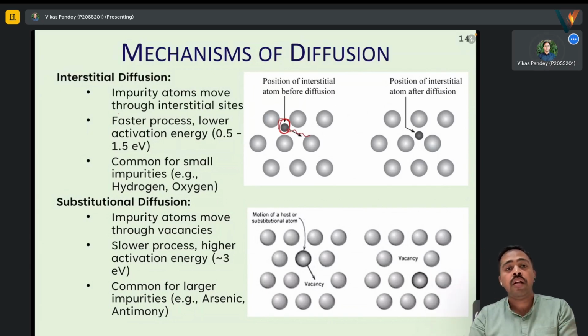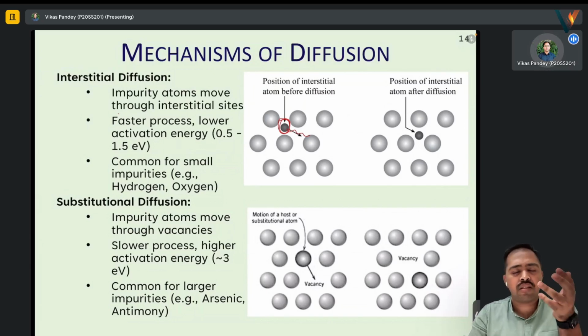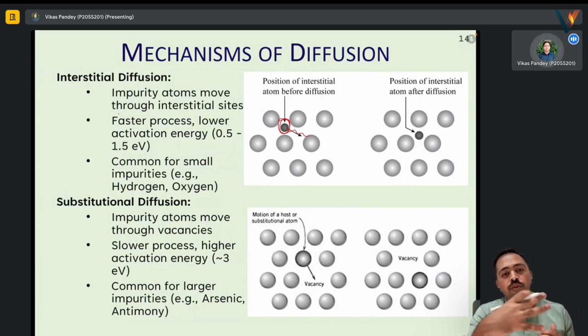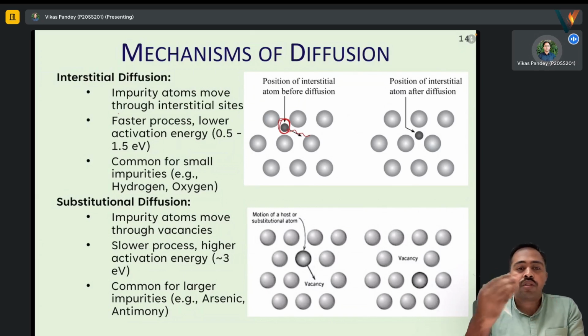Okay, this is a faster process, requires less activation energy, typically in the range of 0.5 to 1.5 electron volt. Very common for small impurities, small compared to the lattice atoms we have. Say hydrogen or oxygen, which are smaller in size compared to silicon.